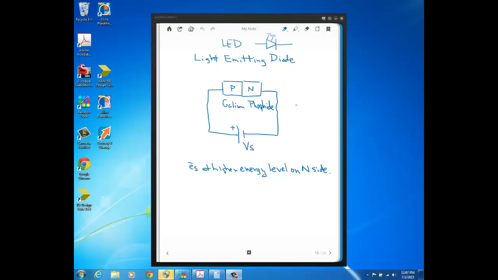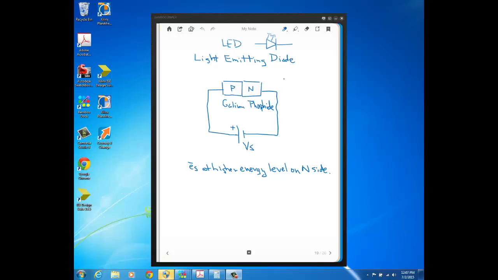Now, the primary difference between an LED and a regular diode is just that it's still a PN junction. Okay, any diode is a PN junction. However, LEDs typically will have two different semiconductors on each side of that junction.